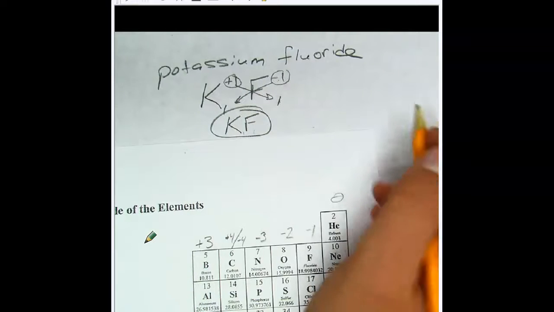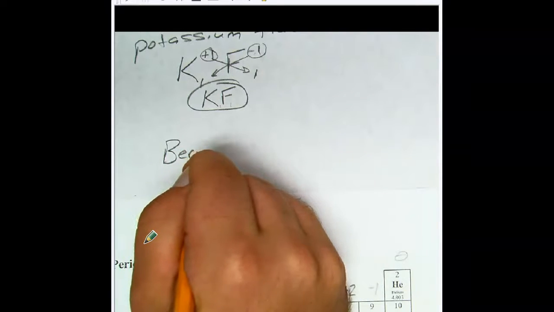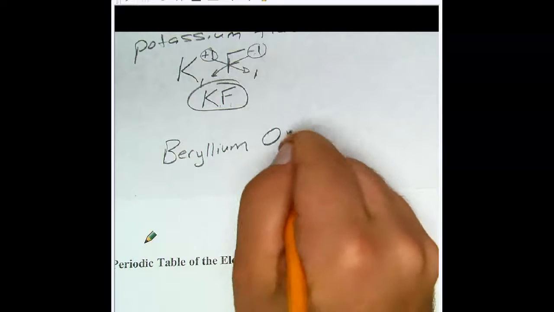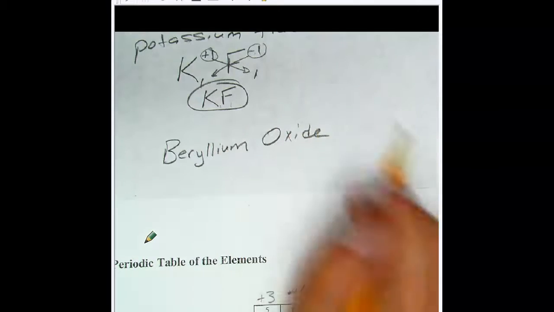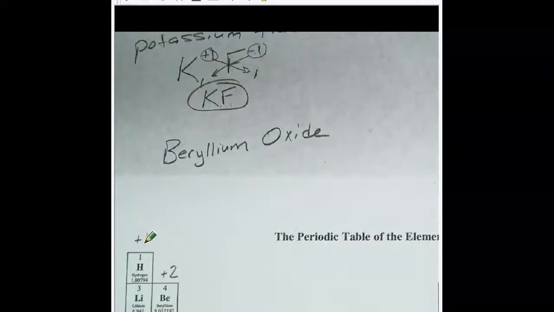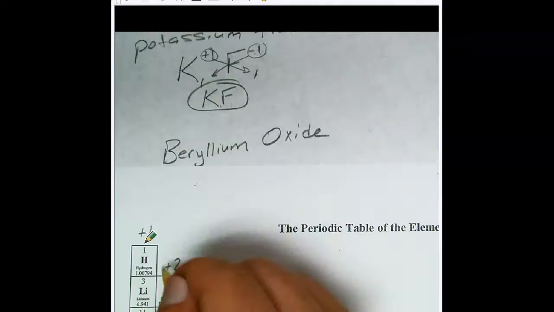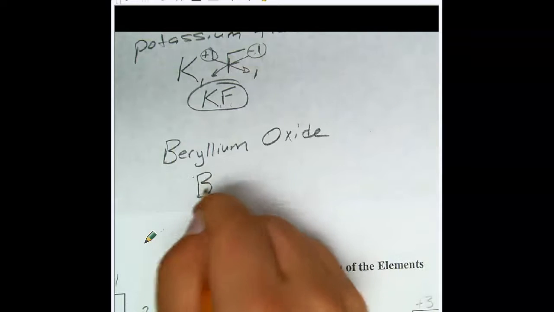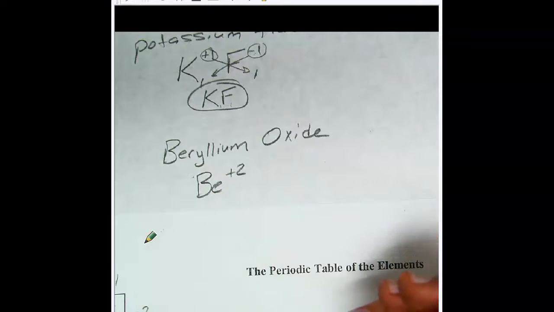Let's try another example. Another example is beryllium oxide. First I got to find beryllium on the periodic table. You can see it right here at the bottom. Beryllium has a +2 charge, so Be has a +2 charge.